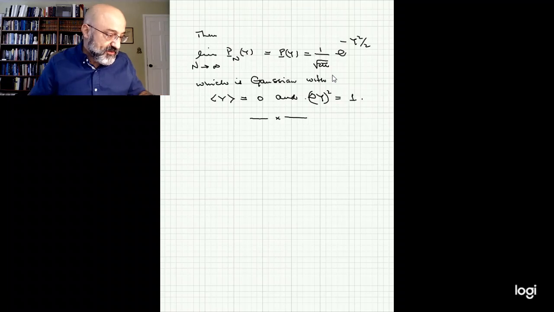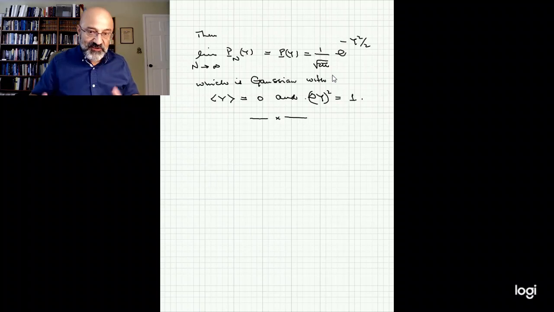Maybe it's time to stop here. So, to summarize, why do we care about probability distributions like the Gaussian distribution? Basically, it's because whenever you have a variable that is composed by summing very many small contributions, the effective probability distribution for the sum is going to be Gaussian.